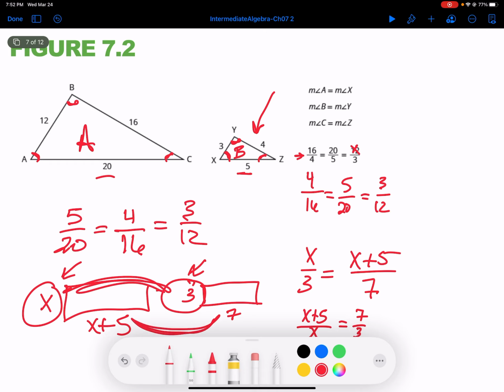So you don't want to switch something where you've got, let's say, x over 3 equals 7 over x plus 5. We've just screwed it up right there. So make sure that you don't do it that way. Make sure that you're always comparing the same one first each time, if that makes any sense.